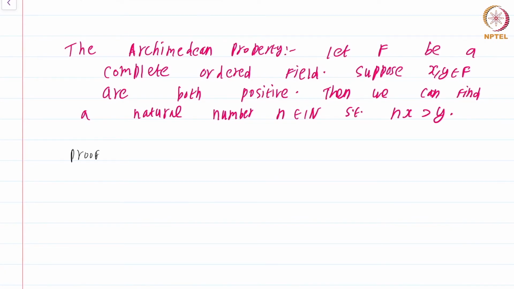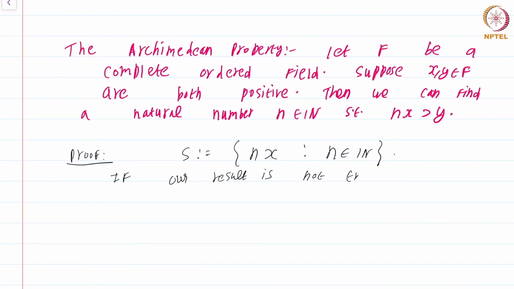How does one prove this? The proof is surprisingly quite easy from completeness. What you do is you consider the set S of nx such that n is coming from the natural numbers. Look at all the multiples of x by natural numbers. If our result is not true, then the set S is bounded above, right?